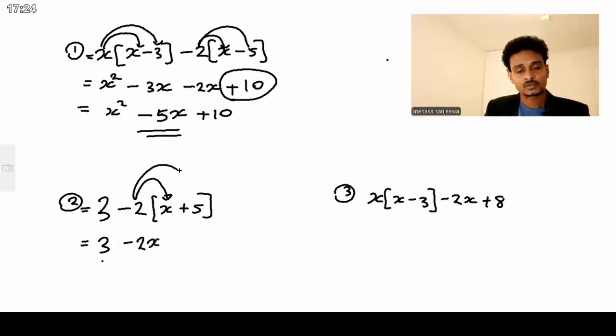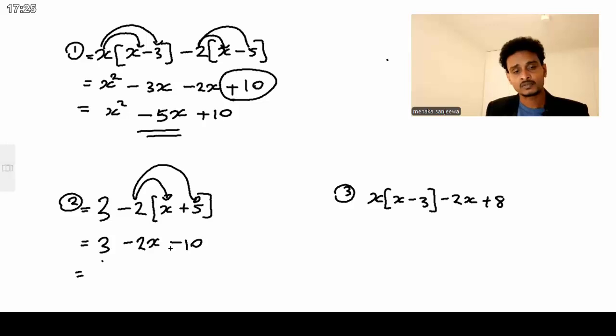Then minus 2 into plus 5 becomes minus 10. Now there are like terms, 3 and minus 10. No need to take them closer. What is the answer? Minus 7. Sign? Minus. Very good.